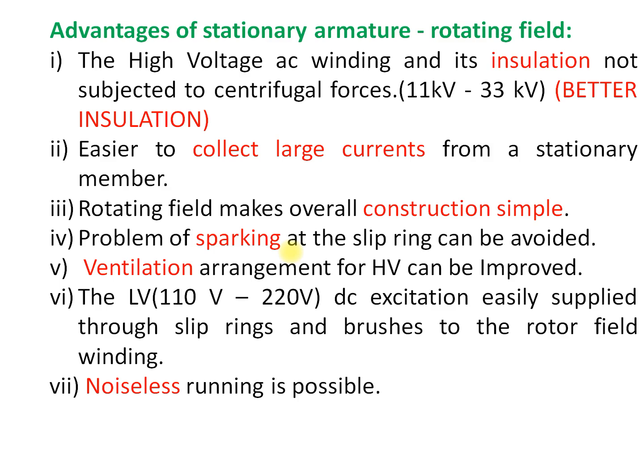Since the air gap is very small and uniform in the case of a cylindrical rotor, and in the case of a salient pole rotor too the air gap may be somewhat uniform, compared to the stationary field winding or the rotating armature.